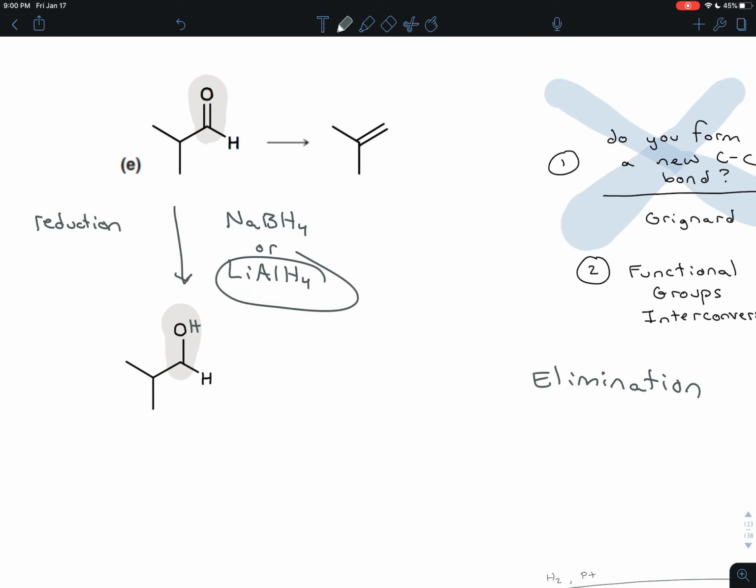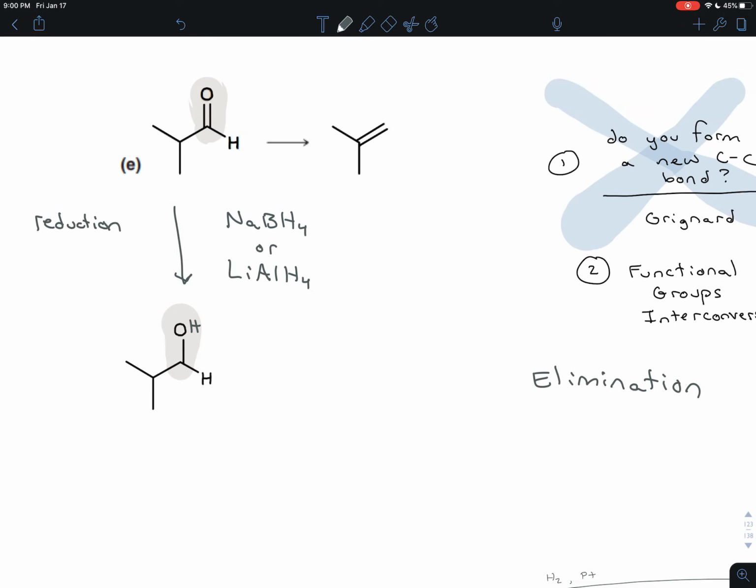Lithium aluminum hydride will reduce aldehydes, ketones, carboxylic acids, and esters. Sodium borohydride will just reduce aldehydes or ketones. Now here we have an aldehyde, carbon double bonded to oxygen with a hydrogen on one side. So either would work.